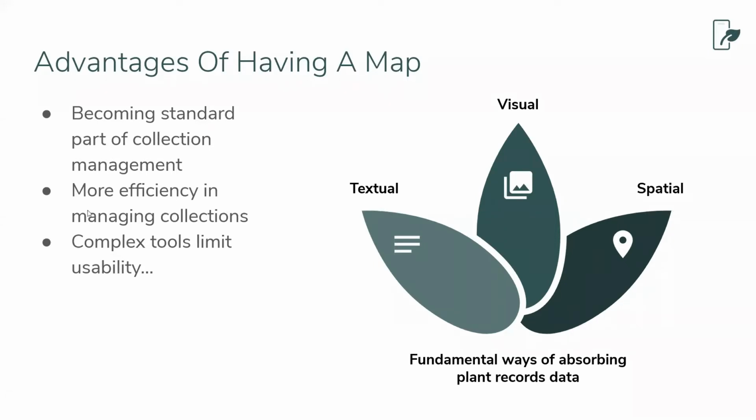There's a visual way of absorbing data, so that's through photos, videos, and things like that. And also spatial, and that's where the mapping element comes in, whether that's maps of the location of the plants in your garden, or maps of where the accession was collected from, if it indeed was collected from the wild.